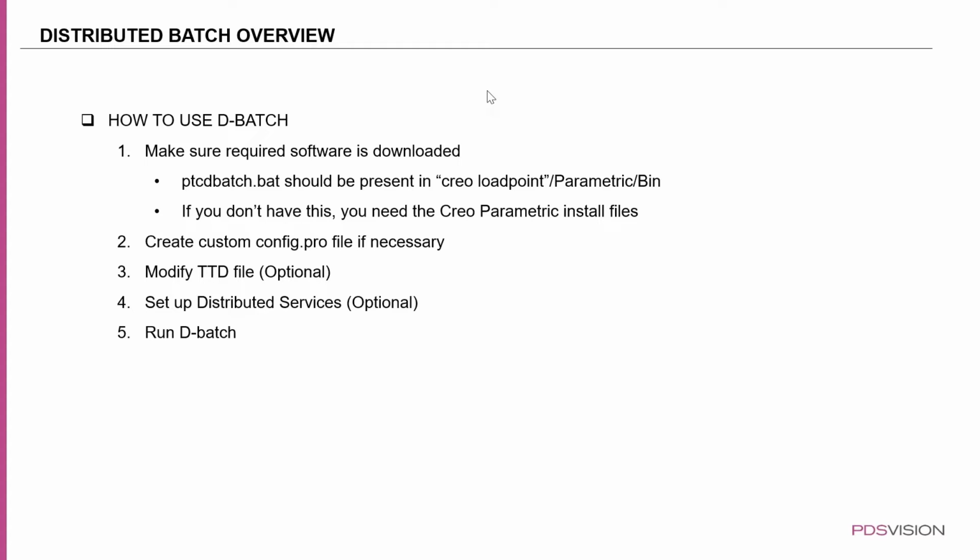All right, so how to use distributed batch. A step 0 that I didn't mention would be make sure that you're licensed to use this. As I said, the base license tier is included with any subscription for Creo. So Design Essentials and up, Design Essentials being the tier 1 subscription.